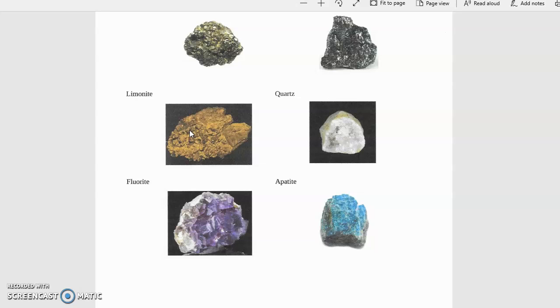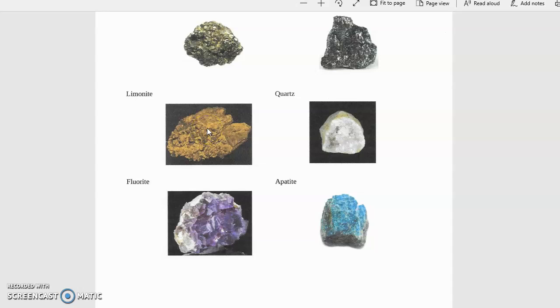Limonite is a variety of different colors. It's black, brown, black type of thing with sort of a yellowish thrown in there. And it is very dull. It does not have a luster at all. And when you actually break this down into little particles, it is yellowish brown.